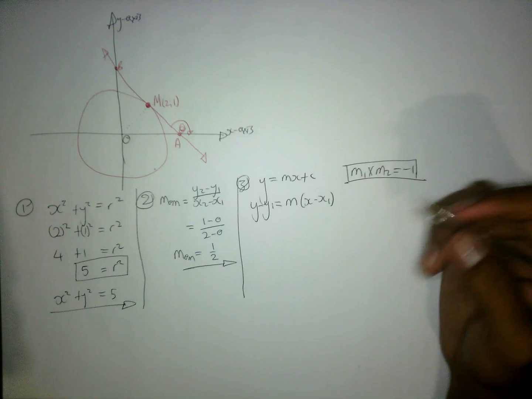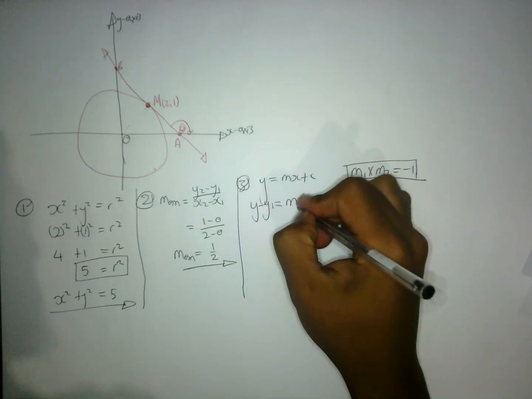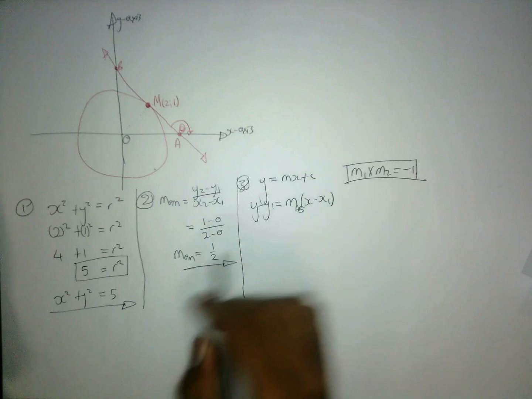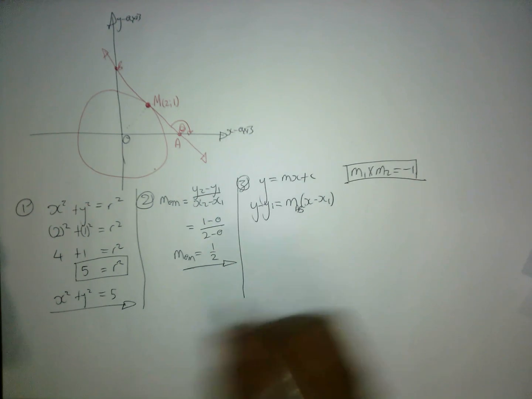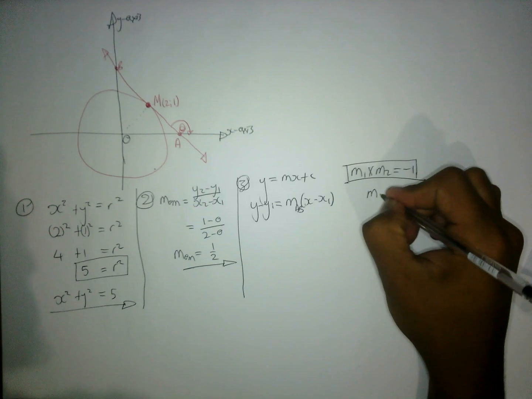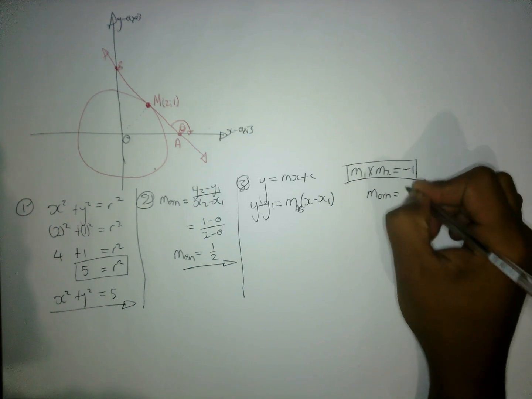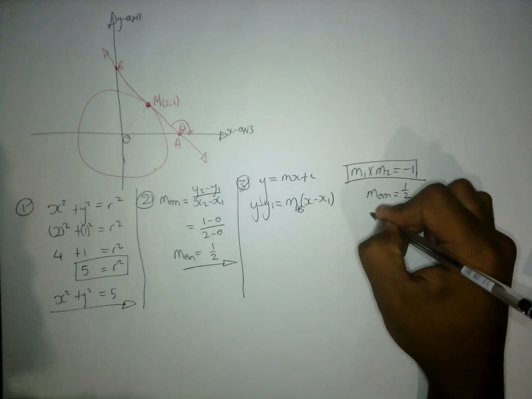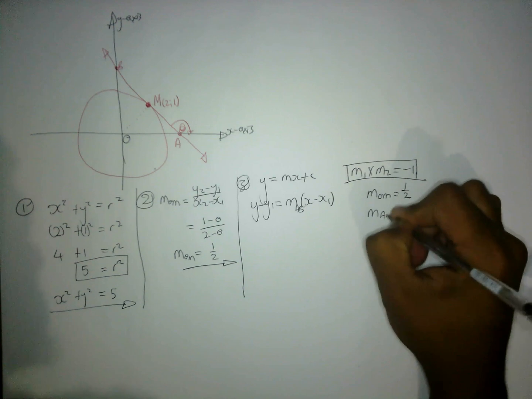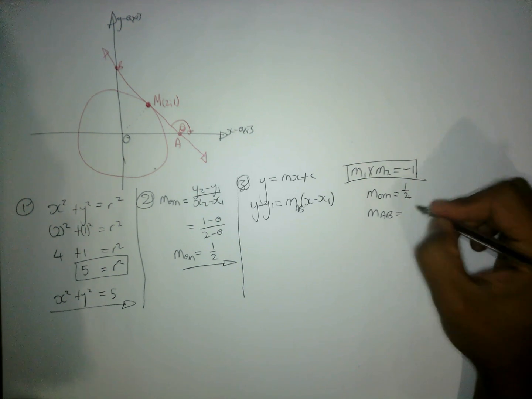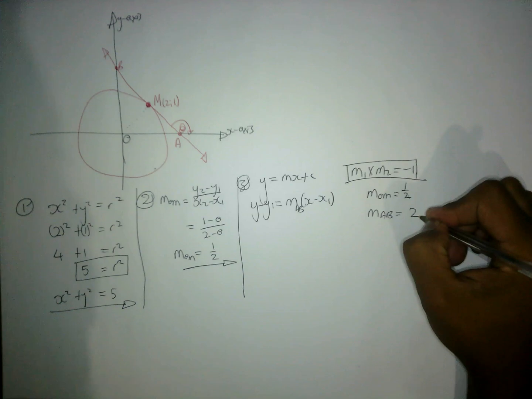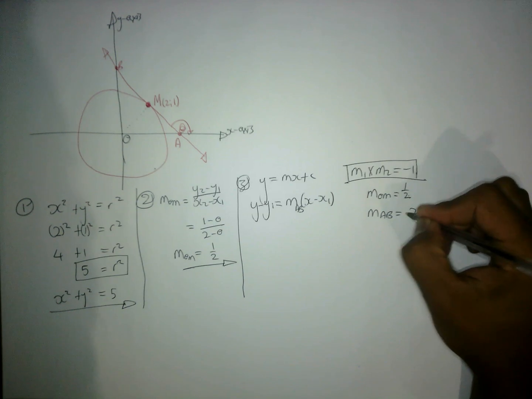We need the gradient of AB, but we have the gradient of OM, which equals 1 over 2. So the gradient of AB is going to be the reciprocal of this, so it's 2, and the sign changes, so it's -2.